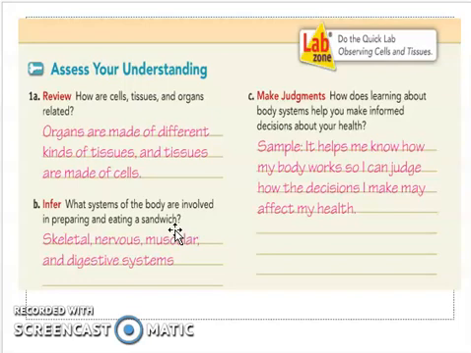So when we are preparing and eating a sandwich, the skeletal system is responsible for our movement, right? And then the nervous system is the one controlling. And then the muscles keep us moving. The digestive system is the one breaking down our food.